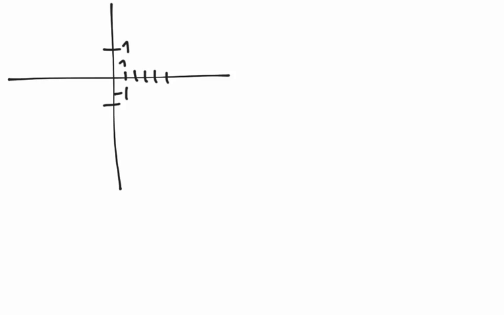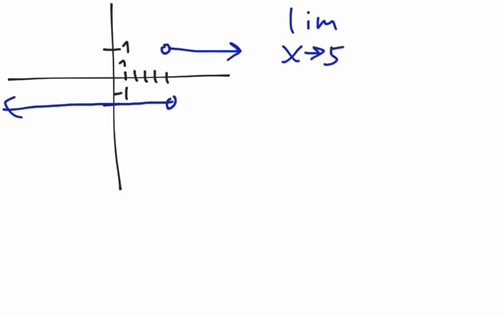Here's a special function that demonstrates that you can have one-sided limits that don't give a limit in general. So here's a function that goes along here at -1, stops at 5, jumps up to +1, and then keeps going. We're going to do this graphically. The limit as x approaches 5 from the left of f of x, well, if we look at it, we're following those y values, and those y values are staying at -1.